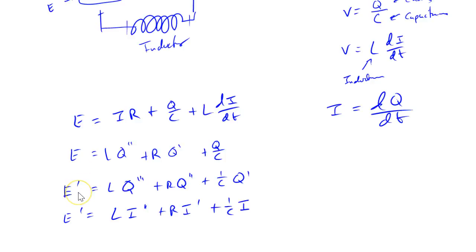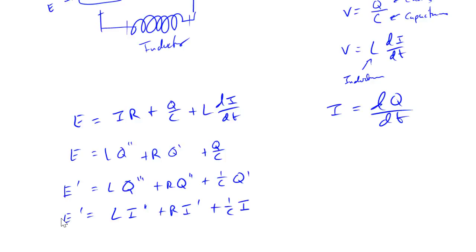And the derivative of a sine curve or a cosine curve would be another sine curve or cosine curve. So the things that we're going to be looking at are either where this equation is equal to 0, homogeneous, because we have a DC voltage source, or you're going to have a sine or a cosine over here because you have an AC voltage source.